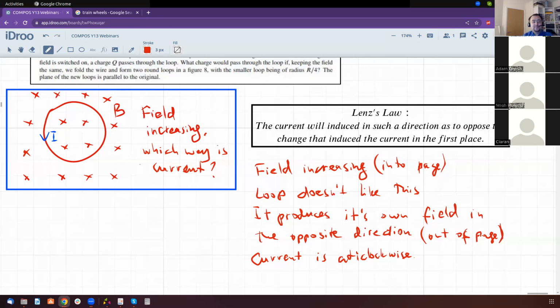Good. Right. So when the field is increasing, the current will be anticlockwise. Does the increasing field just induce the current because of Faraday's law, change of flux over time? Yes, exactly. That's exactly what it does.